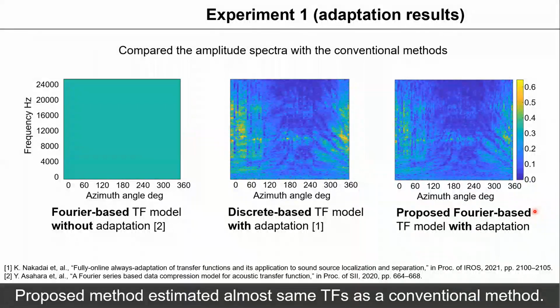First, we compare the amplitude spectra of the TF set after the adaptation in a real environment. Without the adaptation, the geometrically computed TF set was not updated, while the proposed method correctly adapted to the current environment, as well as the conventional TF model-based adaptation method.